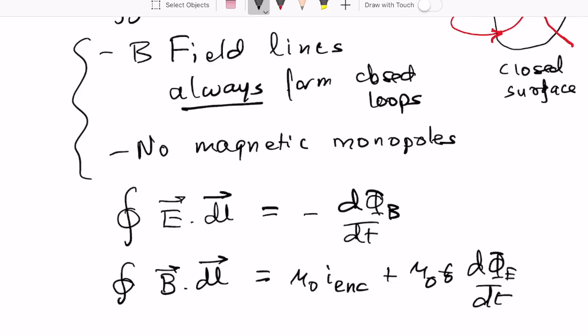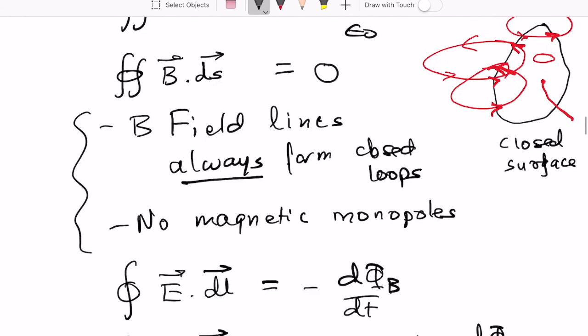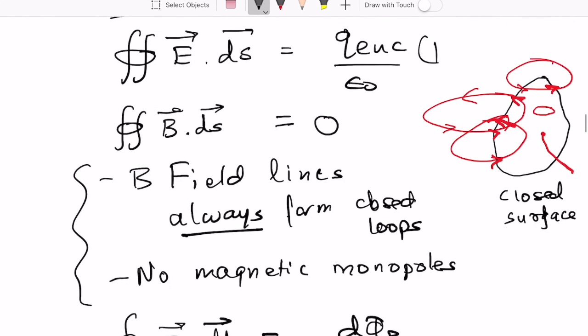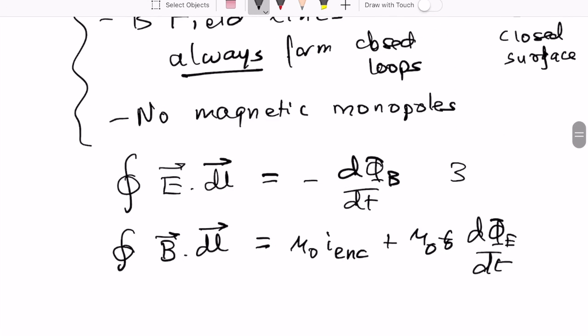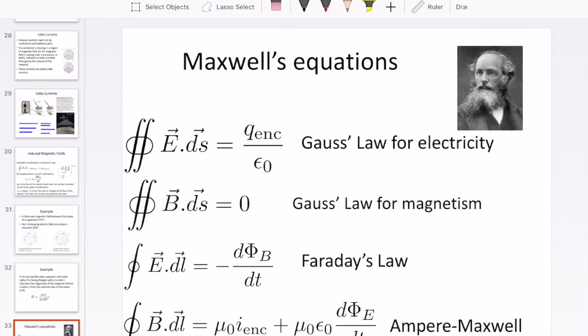So I'll just number these equations: this is 1, this is 2, this is 3, and this is 4. So equation 3 tells us that a fluctuating magnetic field creates an electric field, and equation 4 tells us that a fluctuating electric field can produce a magnetic field.